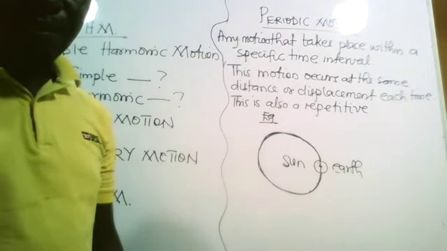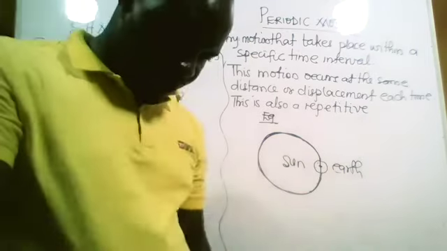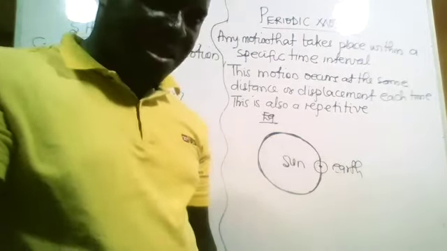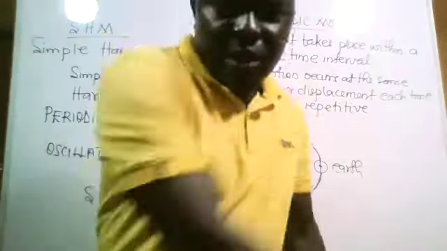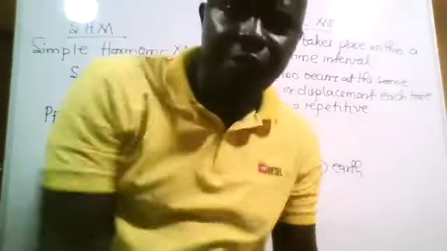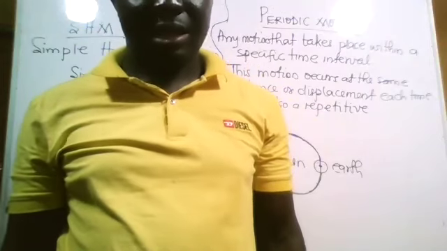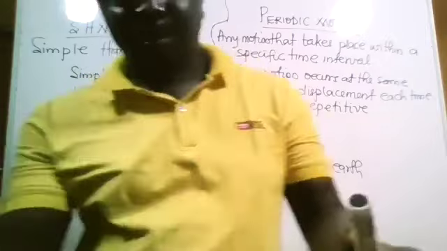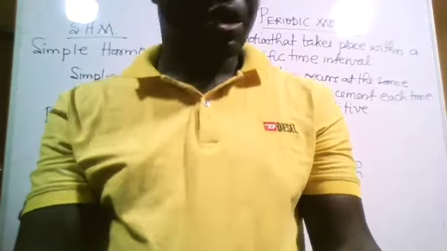Okay. So please, what about the swinging of the pendulum ball? Exactly. Swinging of the pendulum ball. It takes a fixed time for every complete revolution, and the motion is repeated. Abba. Sir, please, I was going to say the hand of a clock.